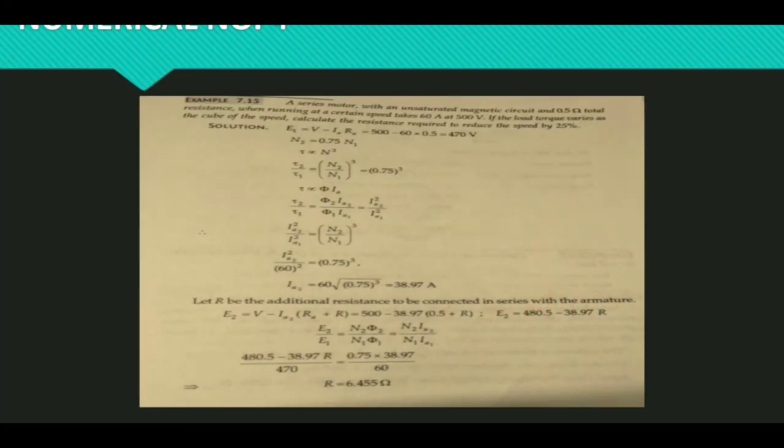Let R be the additional resistance to be connected in series with the armature. We know that E2 equals V minus Ia2 into (RA plus R), where R is the additional resistance connected in series. So 500 minus 38.97 into (0.5 plus R).